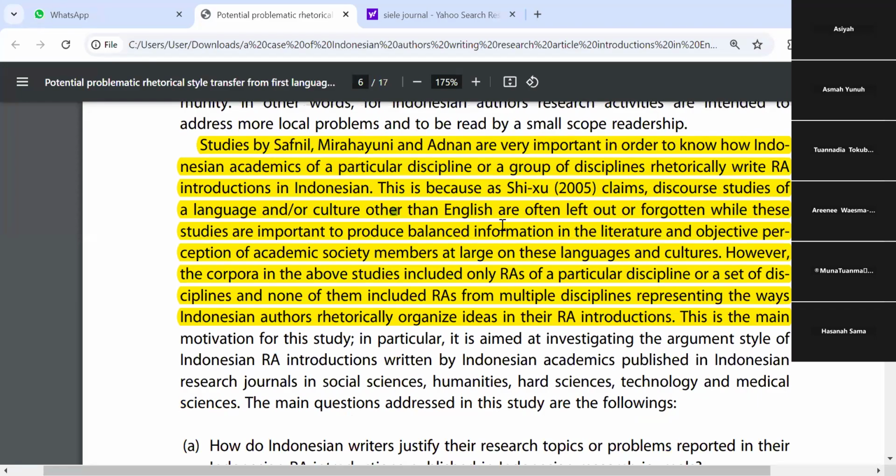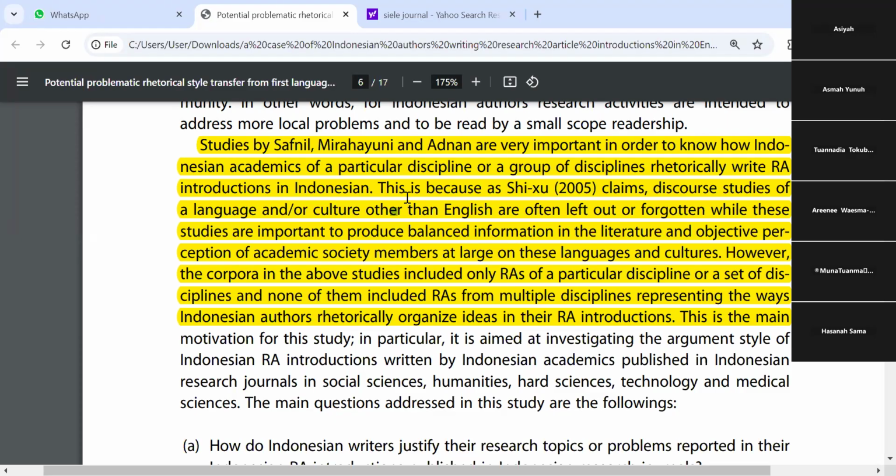Studies on research articles written in a language other than English are often forgotten, often left out. The main body of studies about research articles were conducted on articles written in English, not in other languages. However, the corpora in the above studies included only research articles in a particular discipline or set of disciplines, and none of them included research articles from multiple disciplines. So this is another research gap.